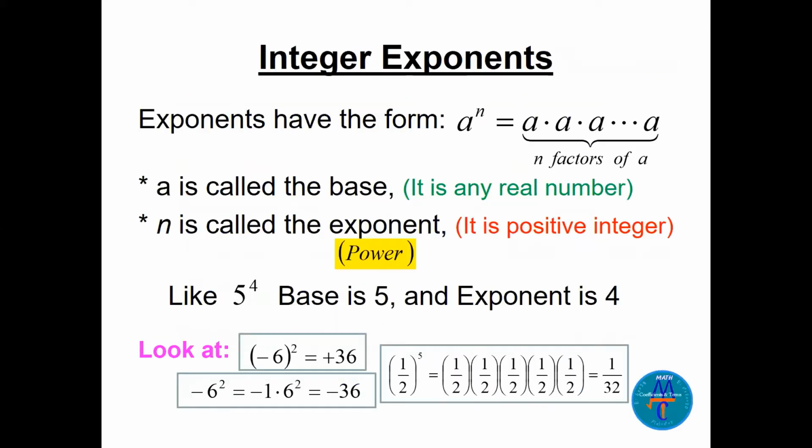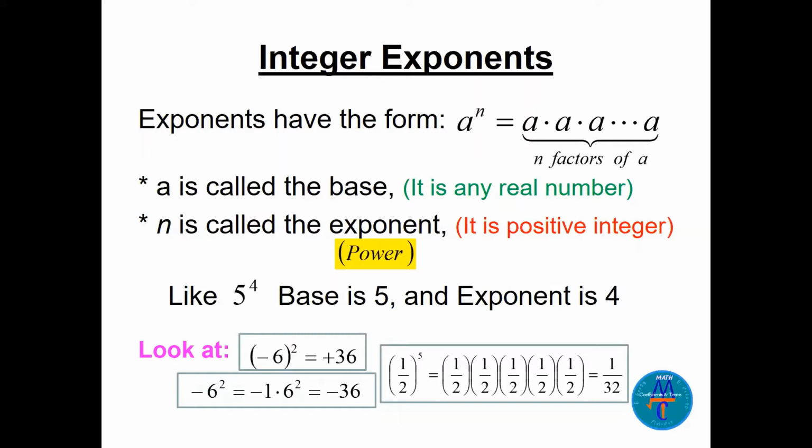Let's start. Integer exponent. So if we have a to the power n, this is the way we read it, a to the power n, it means a times a times a times a, n factors of a. See the word factor here. So n factors, the number a repeated n times.